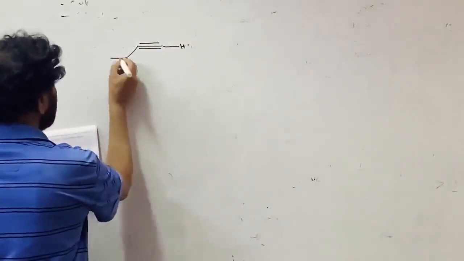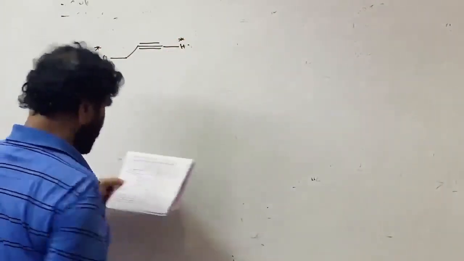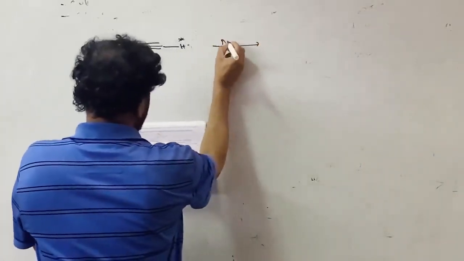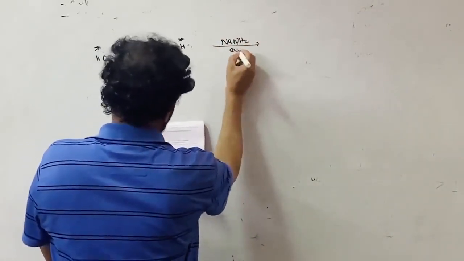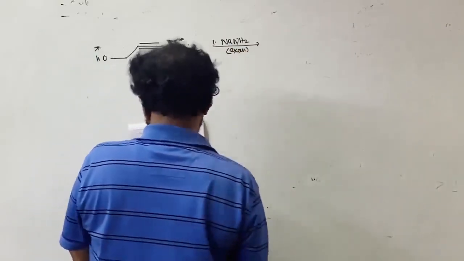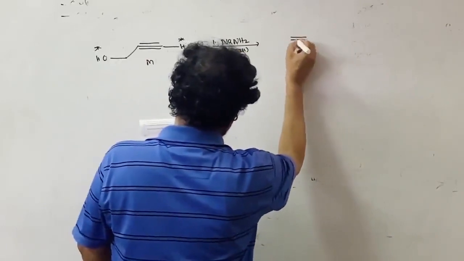This is the OH. The two acidic hydrogens are treated with sodamide, labeled as excess, 1. This is labeled as M. Let me write the equation.